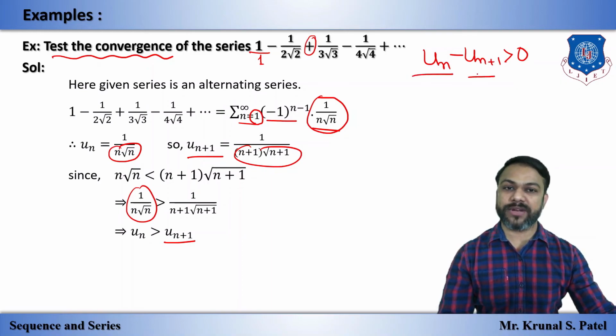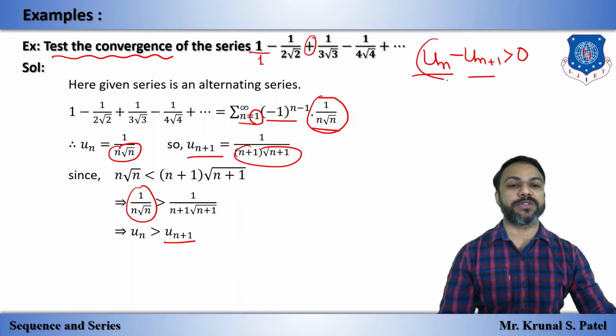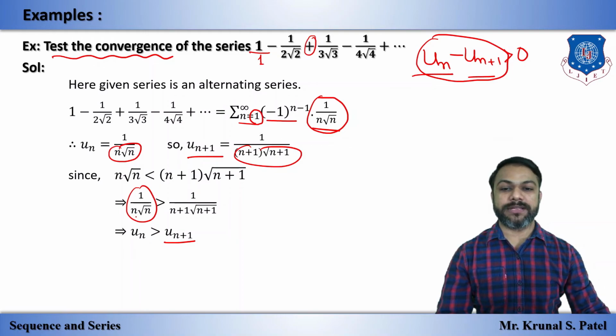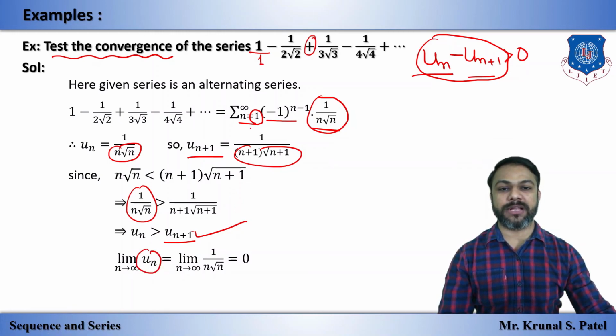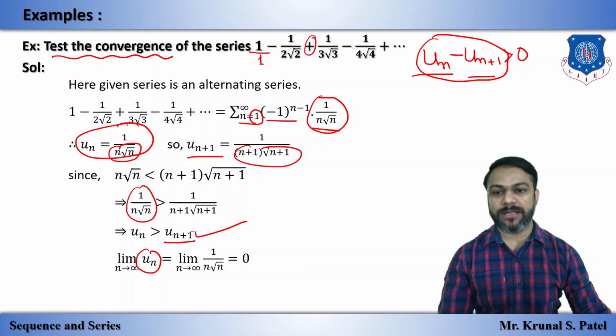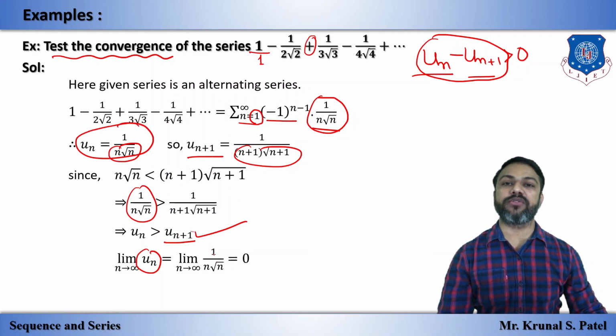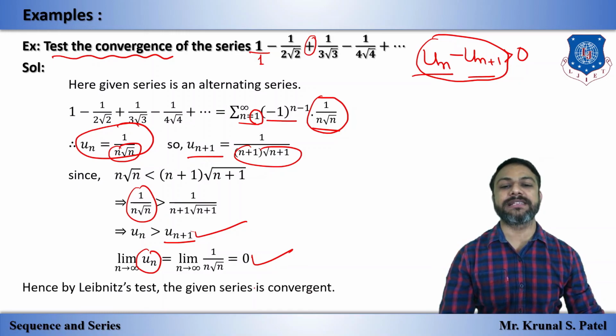You take the difference, and this is always positive. So each term is numerically less than its preceding term. So we apply the limit on u(n) as n tends to infinity. 1 by infinity is 0. So by Leibniz test, the given series is convergent.